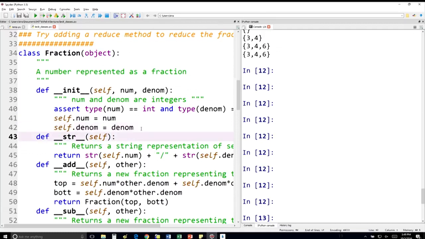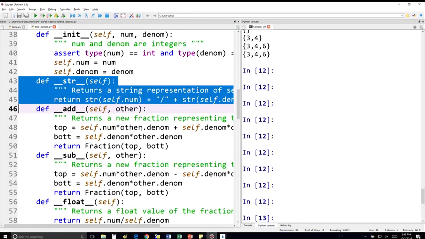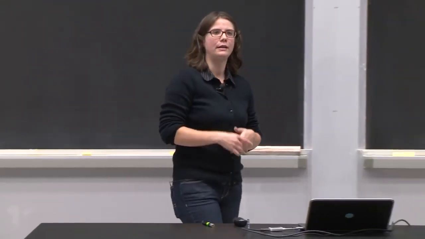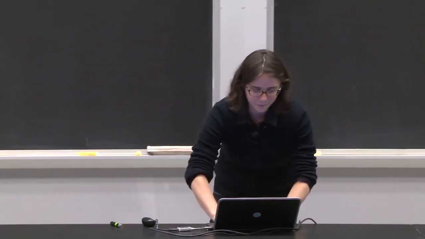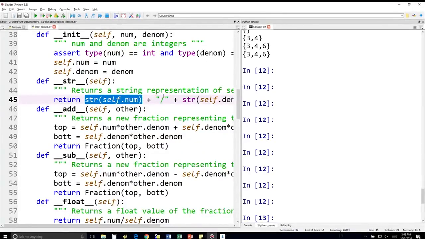Since I plan on debugging this code, possibly sometime in the future, I'm also including a str method. The str method is going to print a nice looking string that represents the numerator, then a slash, and then the denominator.